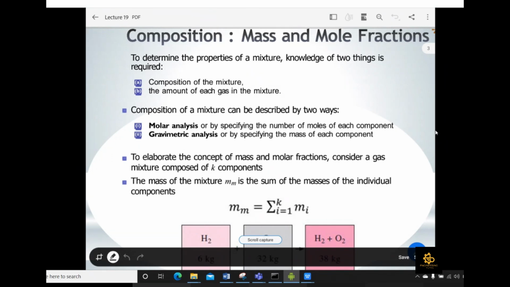That is the unit used to define the different items, and percentage, which we can define as mole fractions. We will see how to find mole fraction and mass fraction in this lecture.